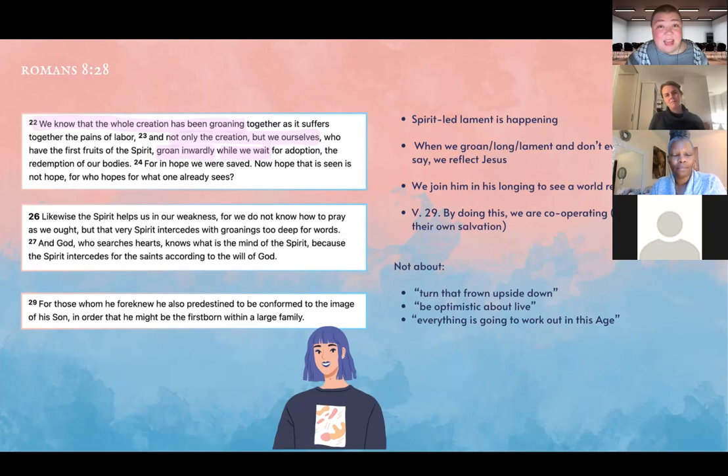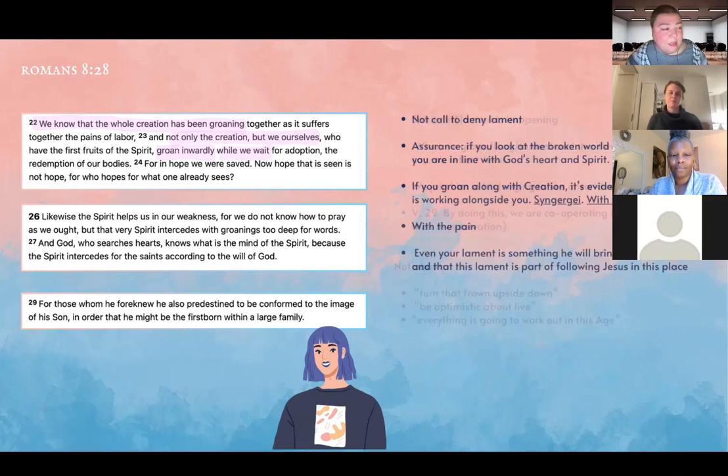It is instead an assurance that if you look at the pain of the world and lament arises inside of you, even when you can't put words to it, it means the Spirit is already working in your heart. It means that you are feeling something that is right and true and in line with God's loving and healing. So it's not a call to deny lament, but instead to embrace it.